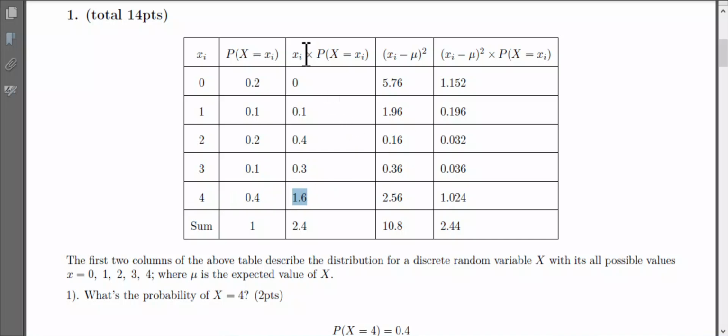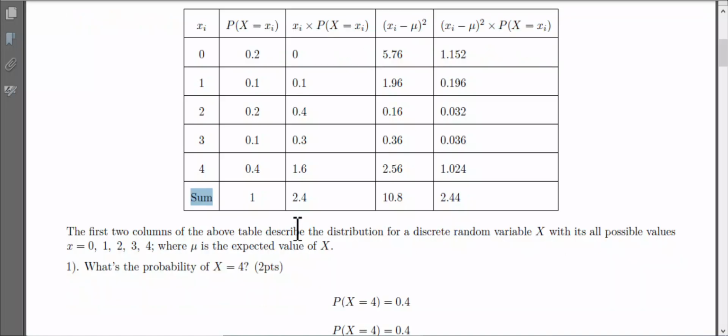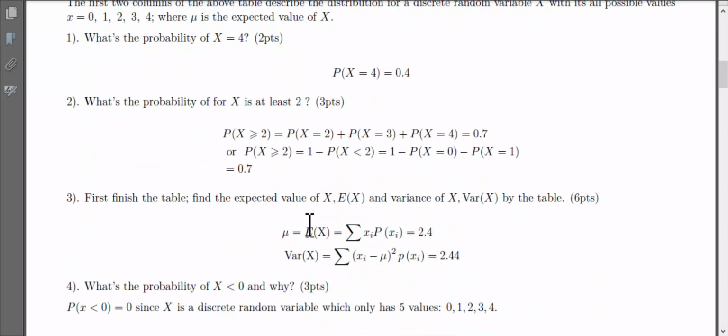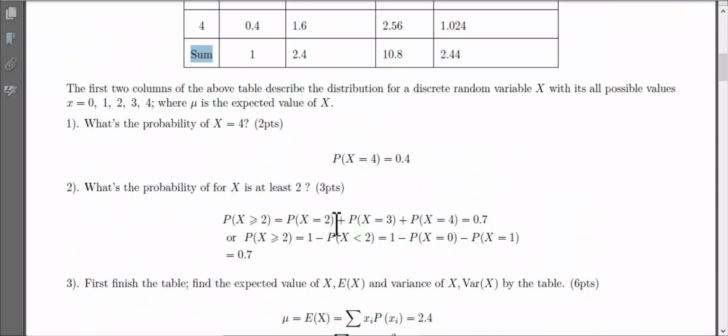That's what we mean by x value times its corresponding probability. And then we add all of them together. That's what we mean by sum, which is 2.4. So the mean of X is 2.4.